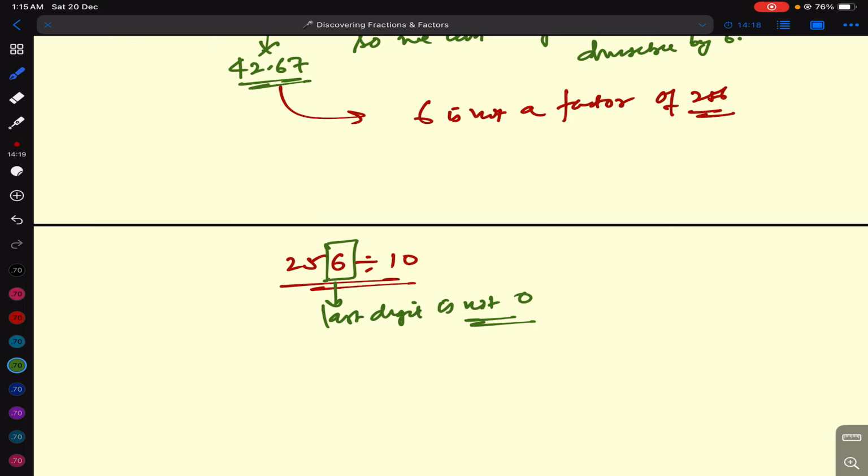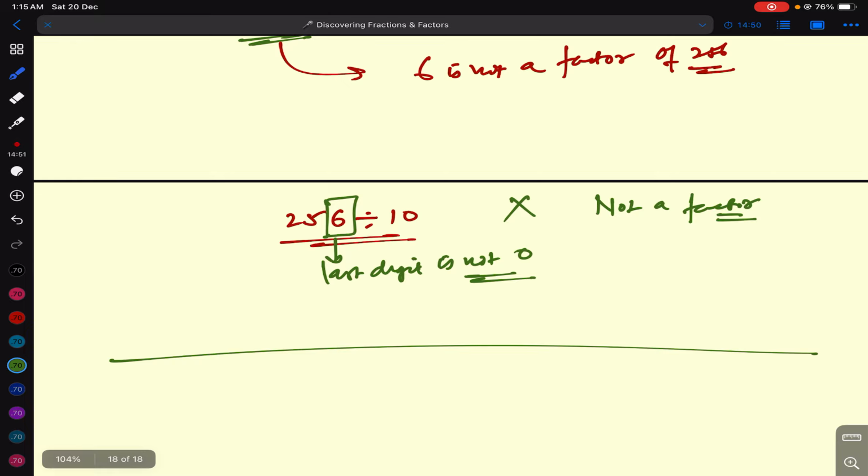If the last digit is not 0, then we can say that it is not a factor, right? So I hope the things are clear now. So we have seen that 256 has only one factor, which is 2, among all the factors that we discussed. Okay, and this also clarifies all the thumb rules that we discussed before, right?